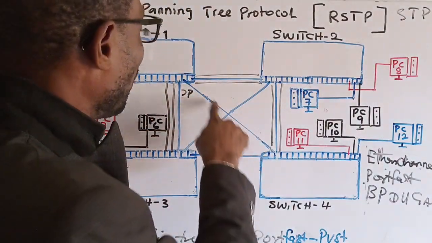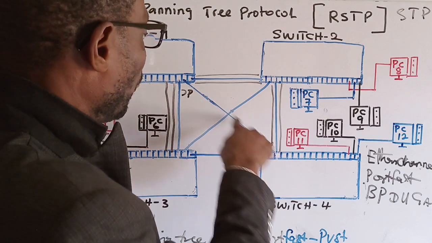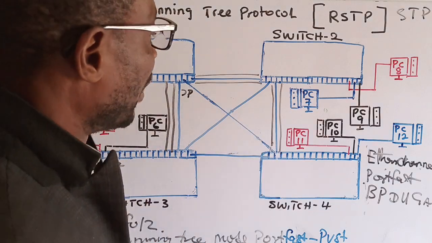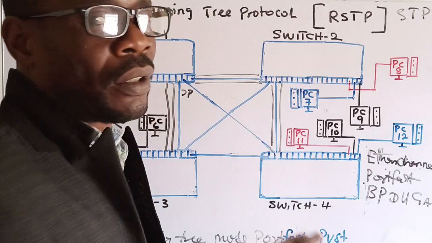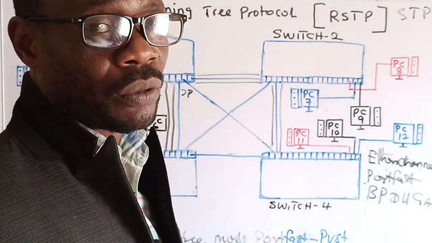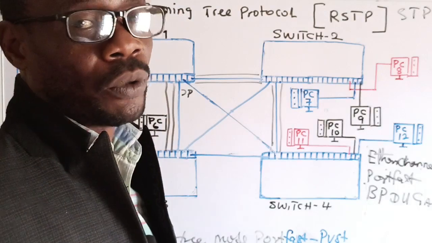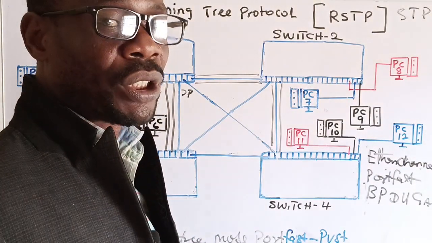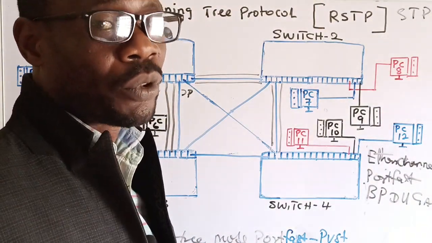If you configure this on these links and there is a link failure, it changes the mode back to the original mode, and there's a tendency for a loop to occur.